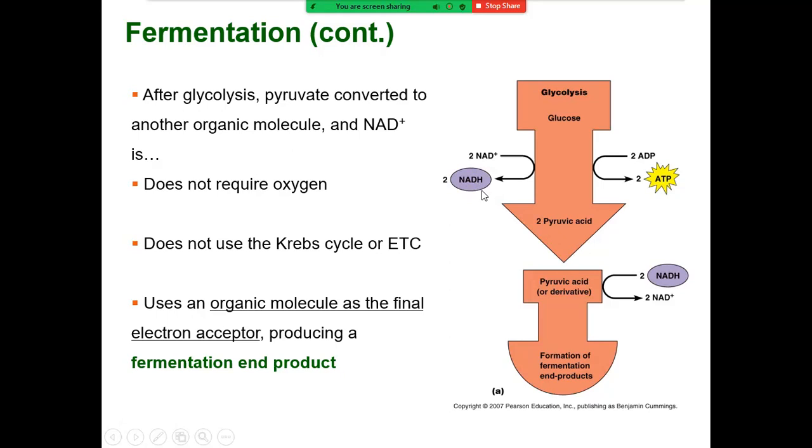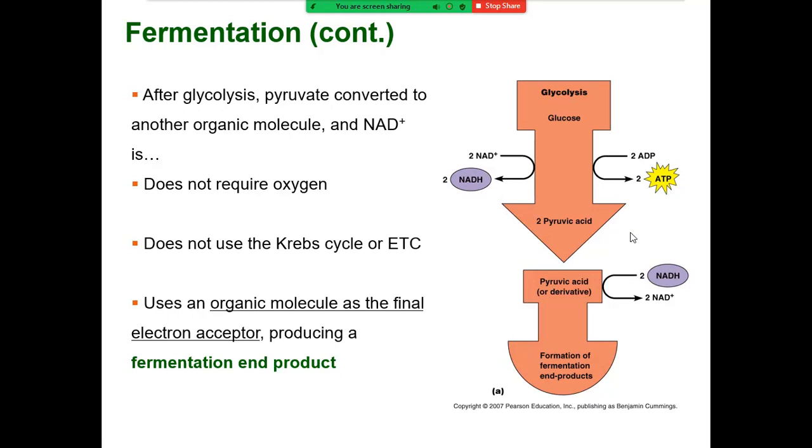So why would the cell engage in fermentation and use up the NADH rather than store it? It would do that if it wouldn't have enough access to oxygen, right? Yeah, it does this if it doesn't have enough oxygen.